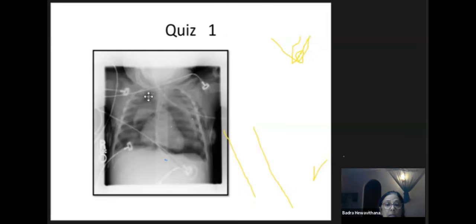This is the sail sign. The thymus is elevated because of the pneumomediastinum, and you get this continuous diaphragm sign, and you see this deep sulcus sign. You get so many things. There's pneumothorax, pneumomediastinum, and subcutaneous emphysema. So it is a very bad trauma patient.